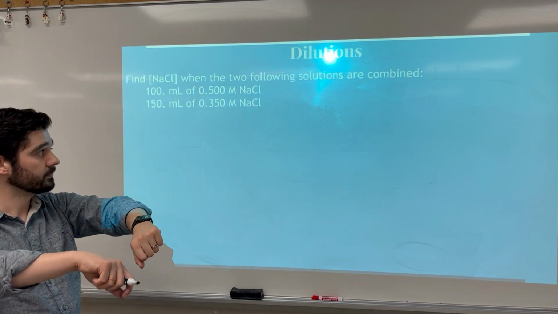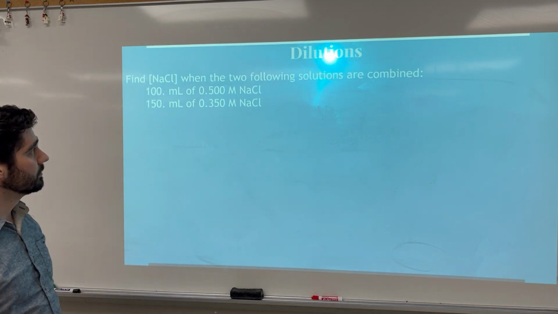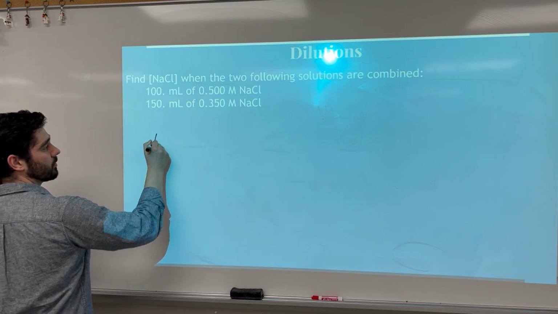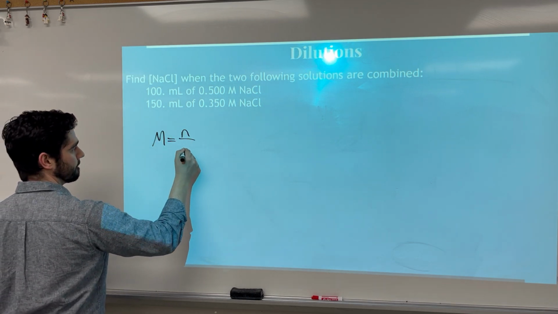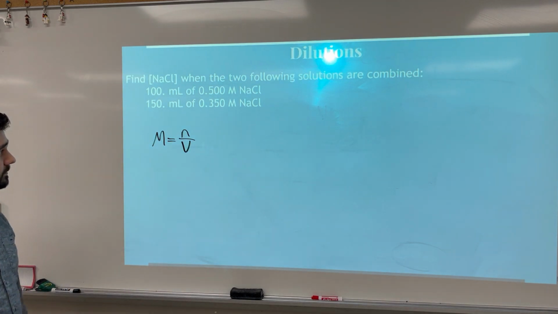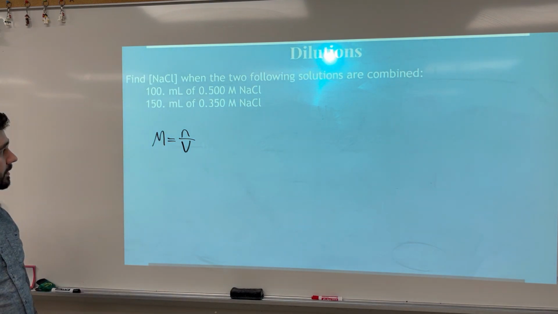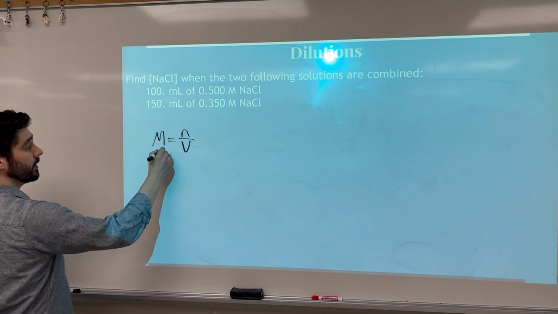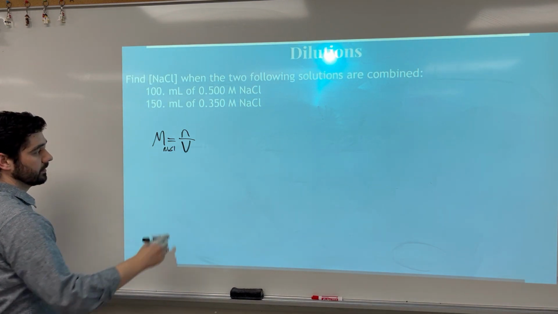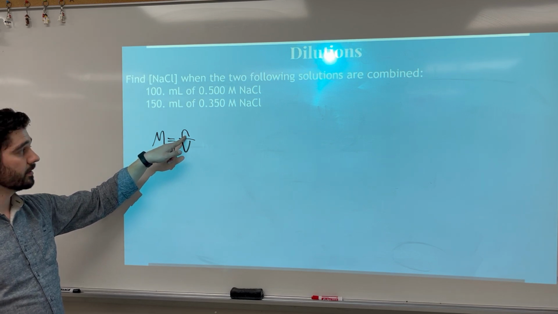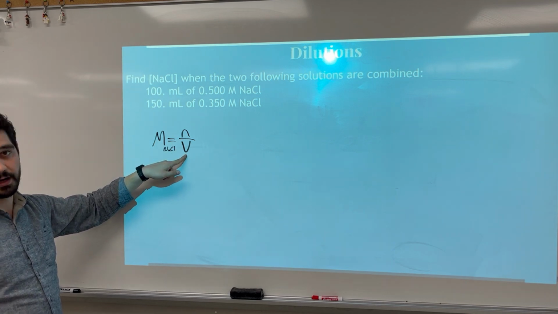Okay. Well, if we just take a step back and think about molarity, we're probably just going to use our equation for molarity. Right? Molarity is moles over volume. And if I want to know the molarity of sodium chloride, what that means is I need the moles of sodium chloride over the total volume of the solution.